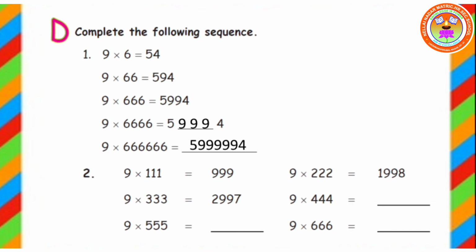Centrally 2 times 9. 9 fours are 36. 3, 6. Centrally 2 times 9. 9 fives are 45. 4, 5. Extra how many fives is there? 2. Centrally 2 nines. 9 sixes are 54. Extra how many sixes is there? 2. Can you understand?